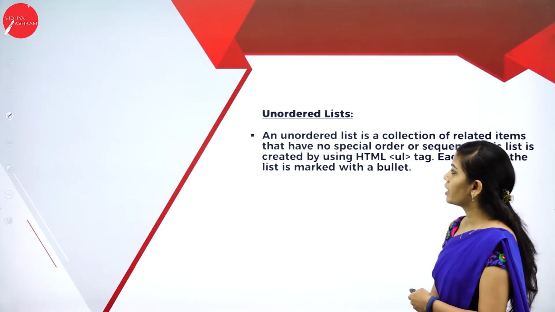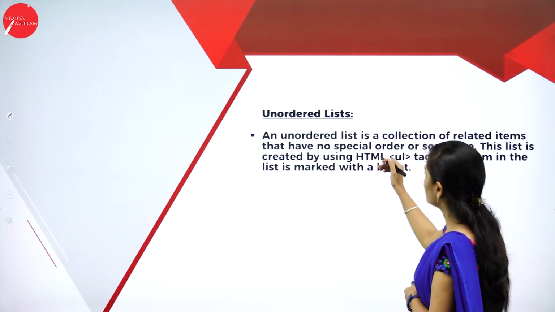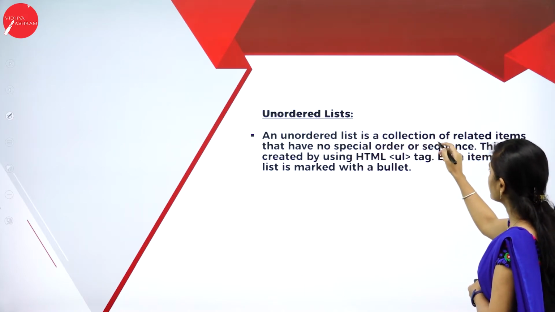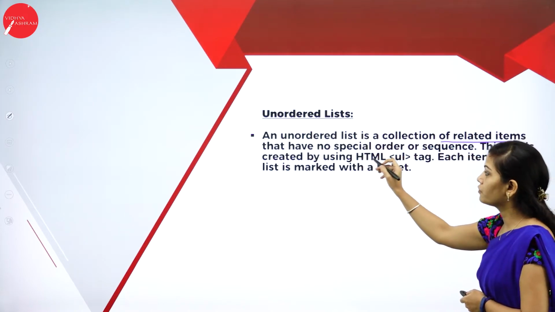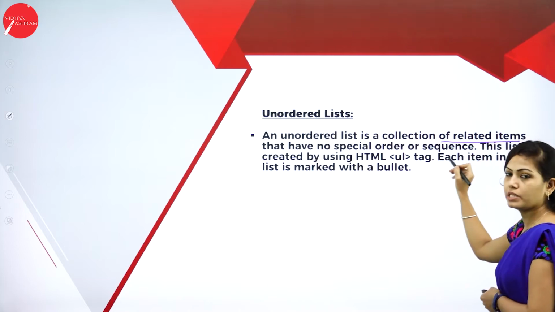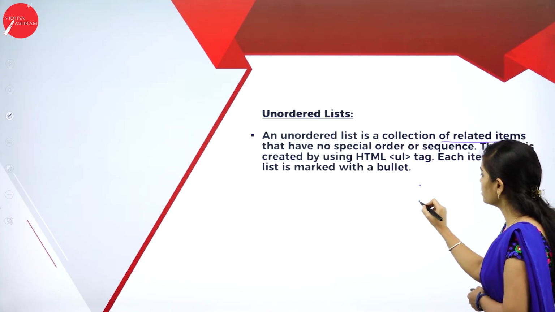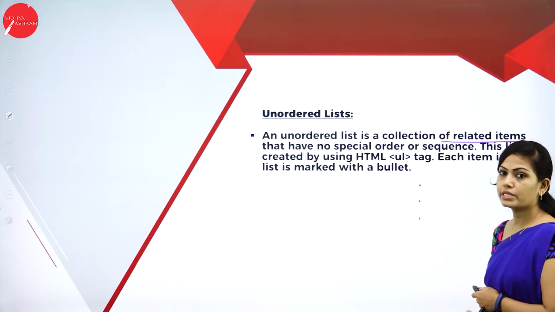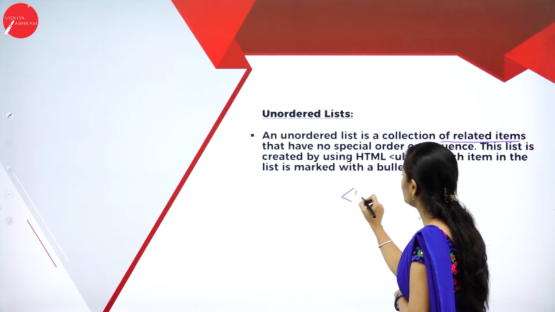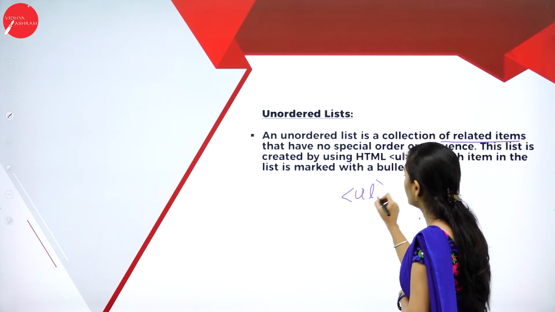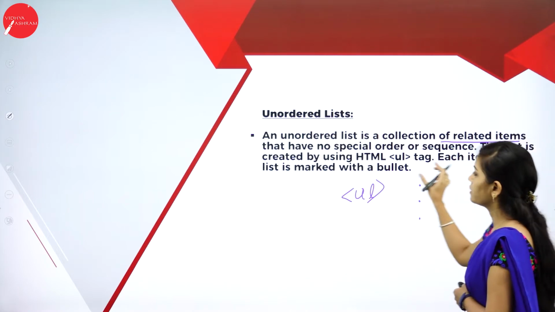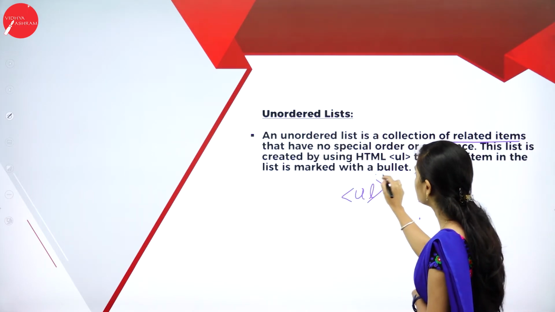Example, unordered list. Here, an unordered list is a collection of related items that have no special order or sequence. There is no special order, so we'll get the bullet points. So you have to use the UL tag, unordered list tag. Each item in the list is marked with a bullet.